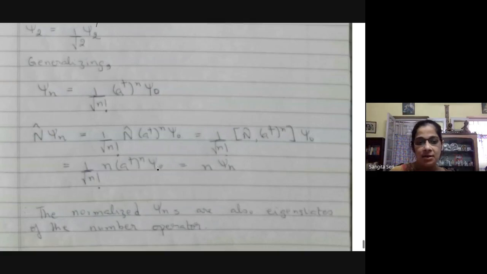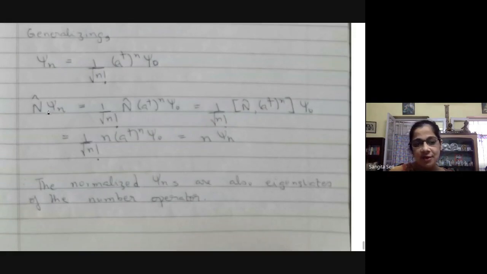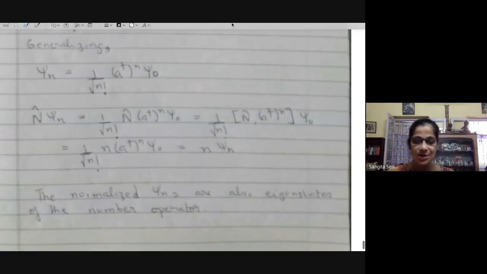And you can verify that the number operator acting even on the normalized function gives you the same eigenvalue, so they are also eigenstates of the number operator. This is what I had expected to cover in the last lecture, but it spilled over to today.